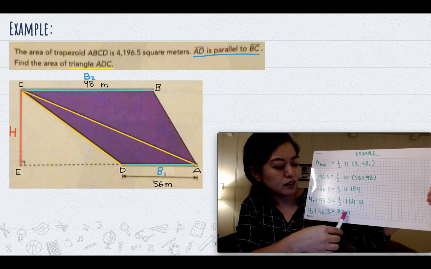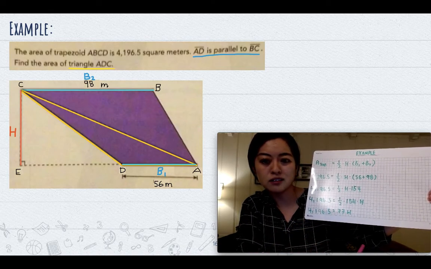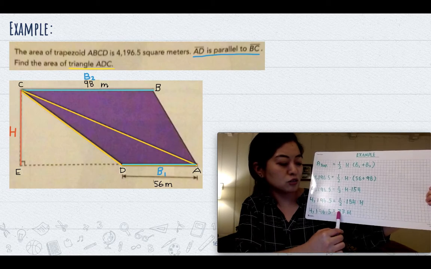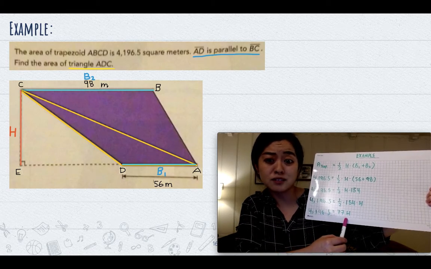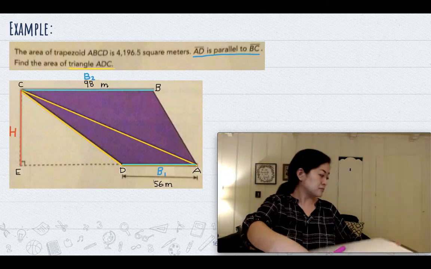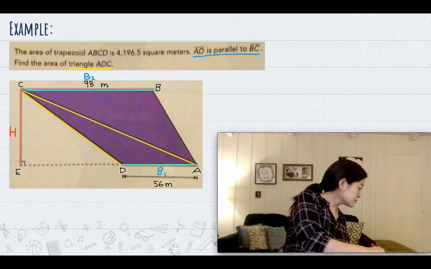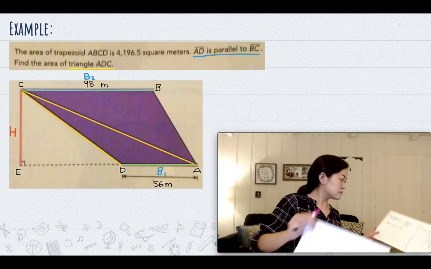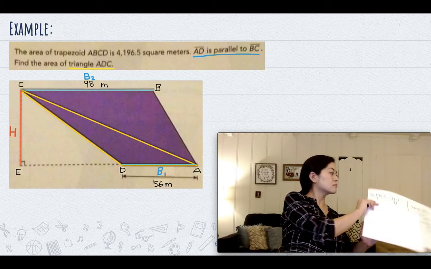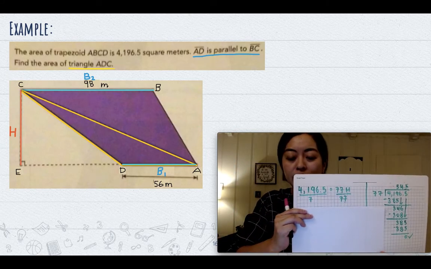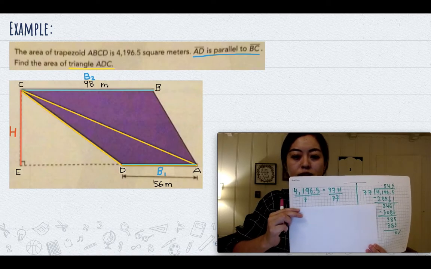How do I get the unknown by itself? I want to undo this multiplication by 77, so I'm going to divide by 77 on both sides, okay?